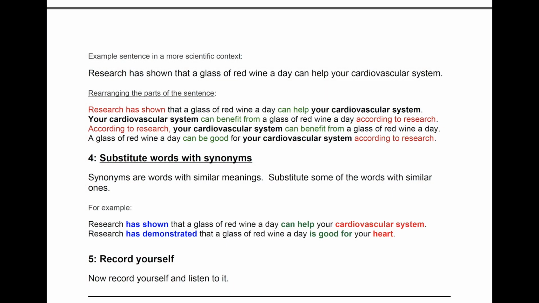Let's look at an example sentence in a more scientific context. Research has shown that a glass of red wine a day can help your cardiovascular system. Rearranging the parts of the sentence, there are various possibilities.